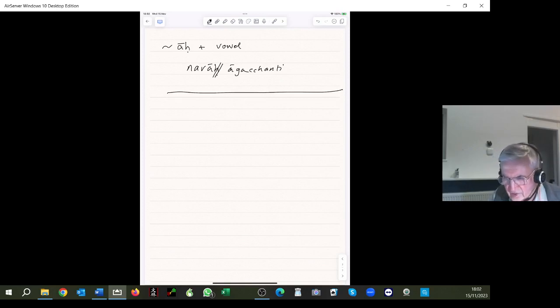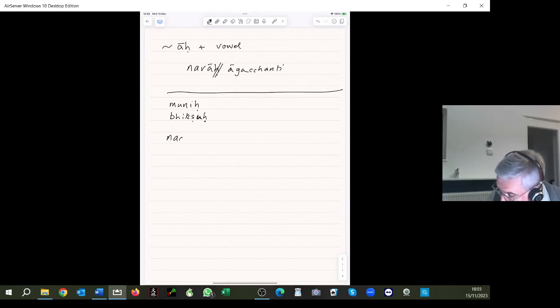Now we look at a separate set of rules that applies where you get visarga preceded by any vowel other than a or long a. We're going to look at these examples. Muni means a sage, bhikshu, a monk. And we have other vowels as well. For example, of the two rivers.